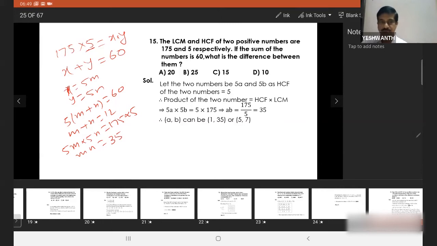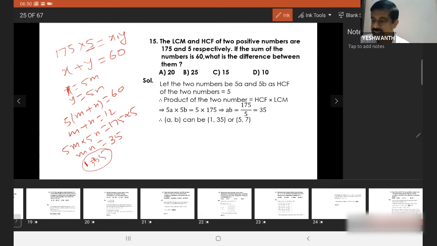Now what all are the possibilities? Again the product should be 35. If m is 1, n cannot be 11, since 1 into 11 is not 35. So if m is 1, n we can take as 35.